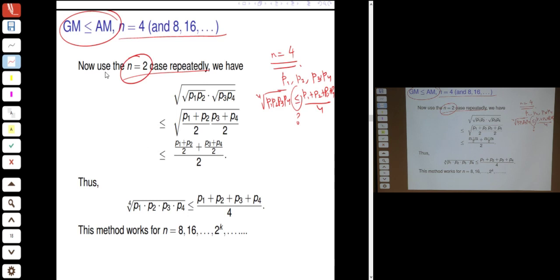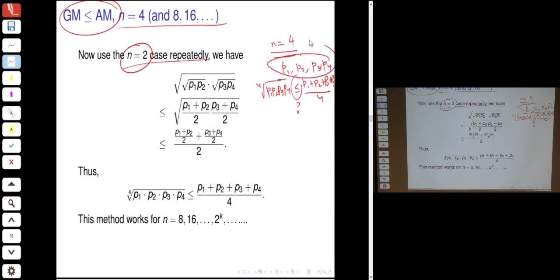So, now out of these 4 numbers, you manufacture 2 numbers. So, apply GM less than or equal to AM with square root P1 P2 and square root P3 P4. Okay?